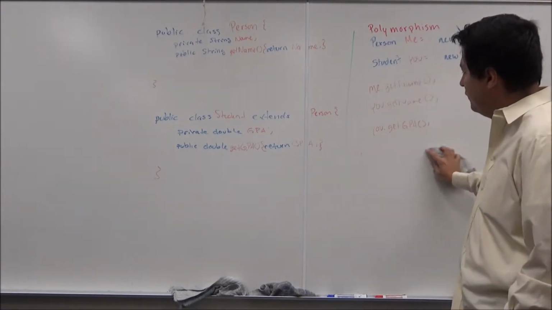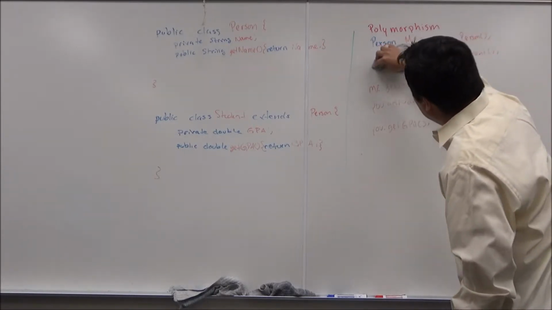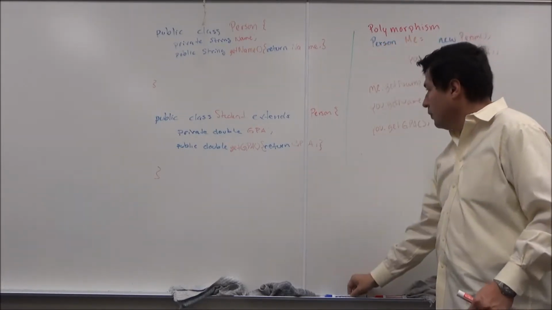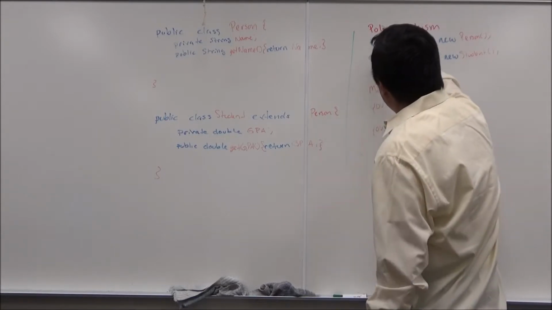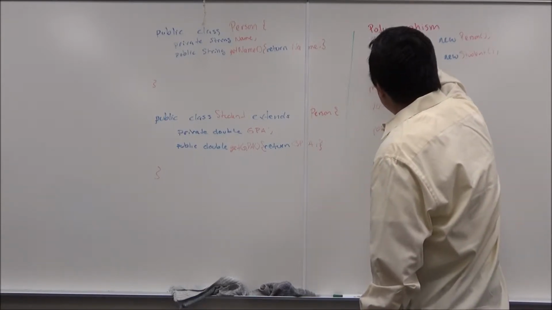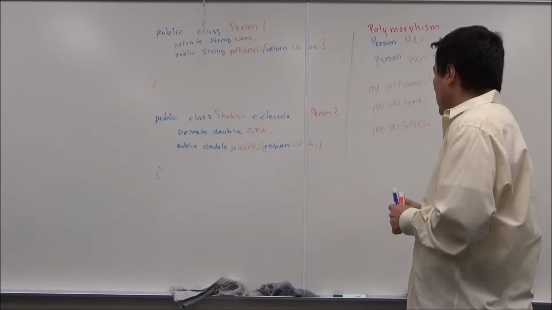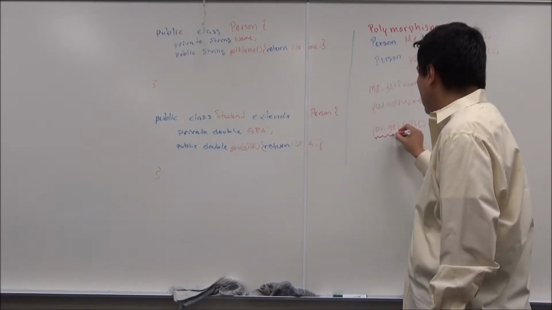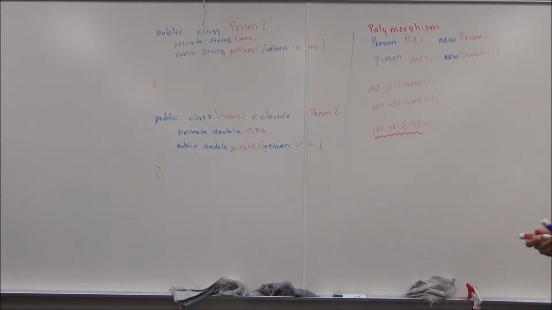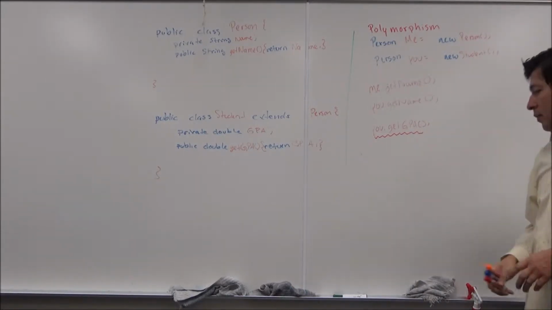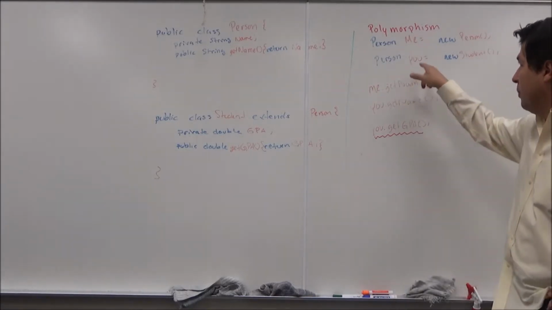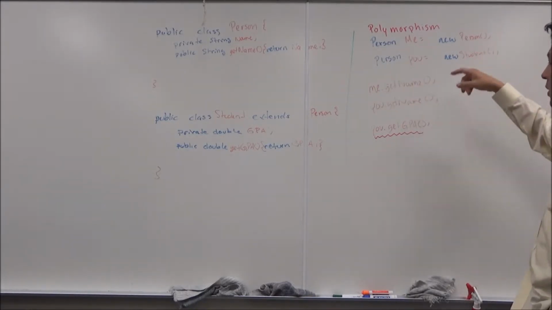However, if I wanted to change this to a person, this will get me an error. Because it'll say, well, GPA is not in person. Well, I created a student.